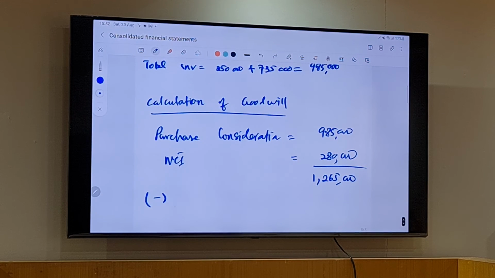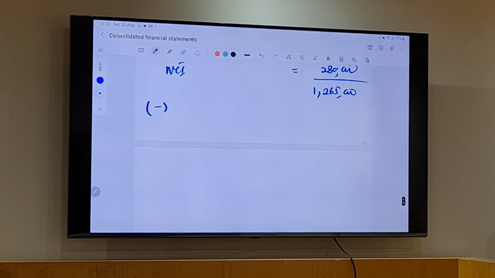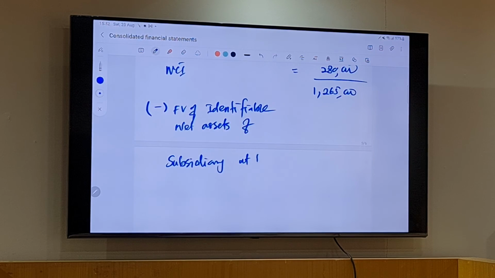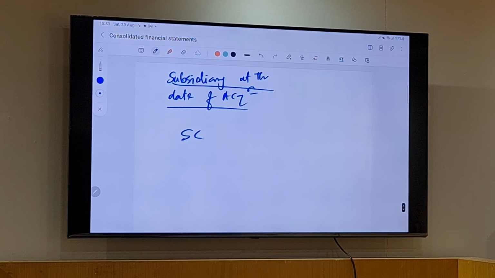Minus fair value of identifiable net assets of the subsidiary at the date of acquisition. Share capital of the subsidiary, how much? 400,000.